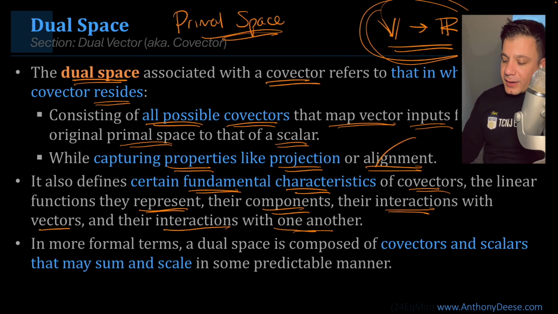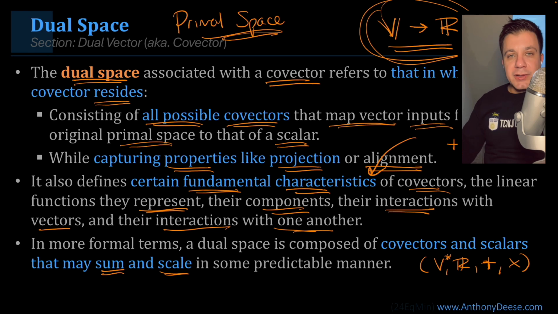And these fundamental characteristics are going to be, at least one part of it, how it reacts to adding covectors together, scaling them, etc. In more formal terms, a dual space is composed of covectors and scalars that may sum and scale in some predictable manner. And that's where we're going to try to do something like this. So, we understand the rules of that space.